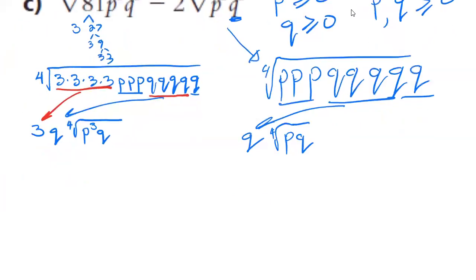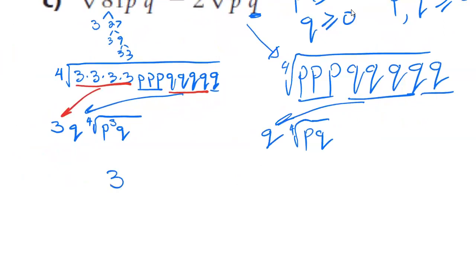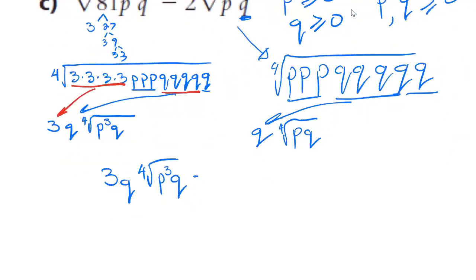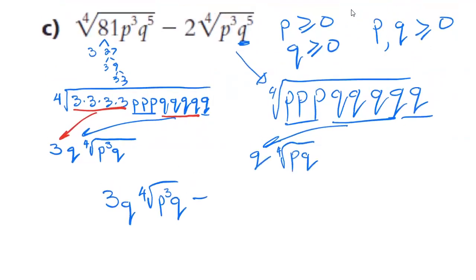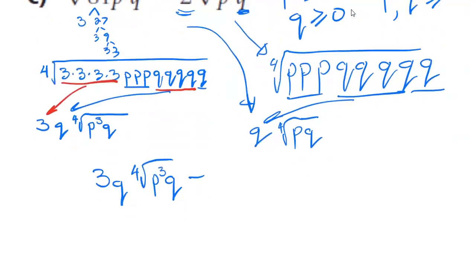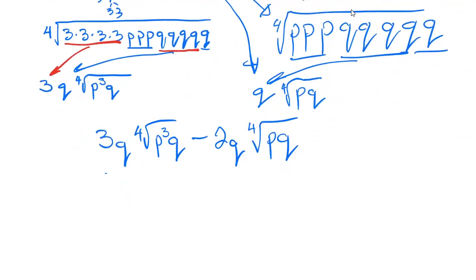So the two terms I'm combining, 3Q fourth root P cubed Q, and is it plus or minus? It's minus. Don't forget, there was this 2 out in front here that gets multiplied to whatever we brought out. 2Q fourth root PQ. Well, 3Q take away 2Q is 1Q.